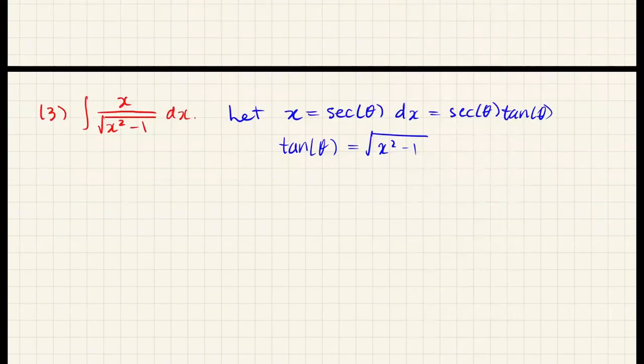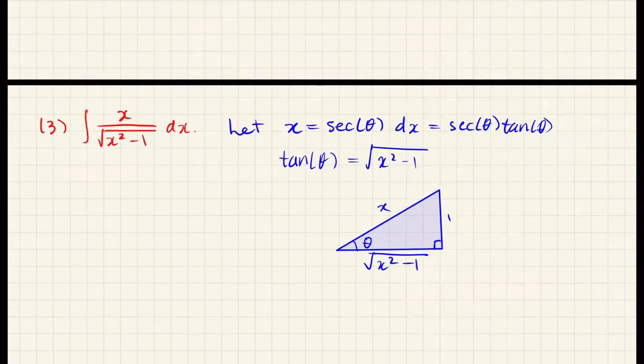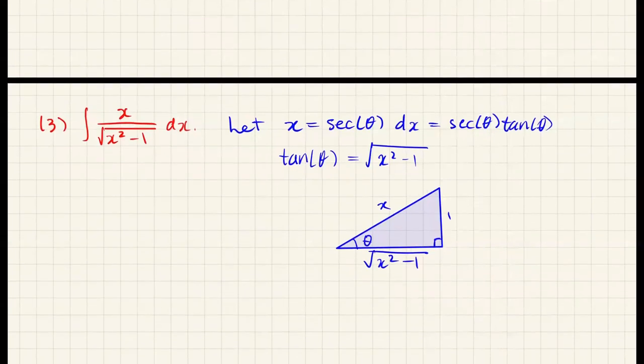If you construct the right angle triangle, you would see that this would be obvious. So we have x here, 1 here, this is theta, and this side is the square root of x squared minus 1.